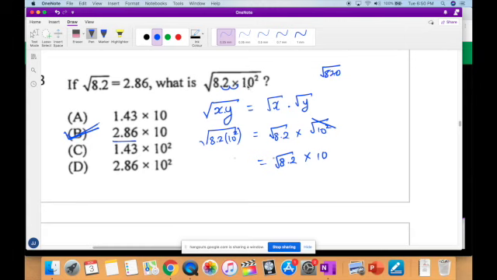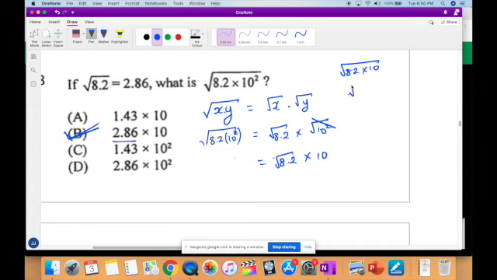Oh, so you have... I thought you multiplied the 8.2 by 10 squared. Because 10 squared is 100, so that would be the square root of what you're saying is 82 multiplied by 10. And I get 8200, and I shift back the point.